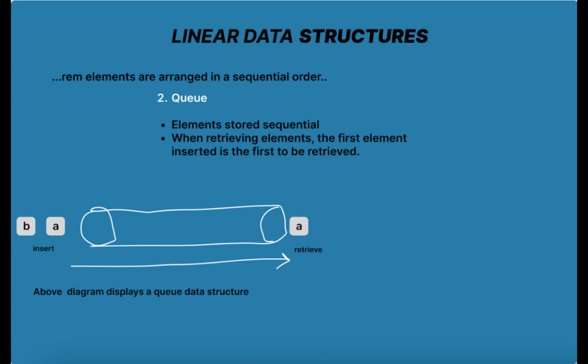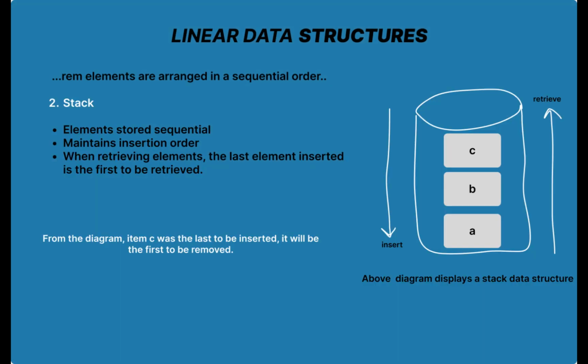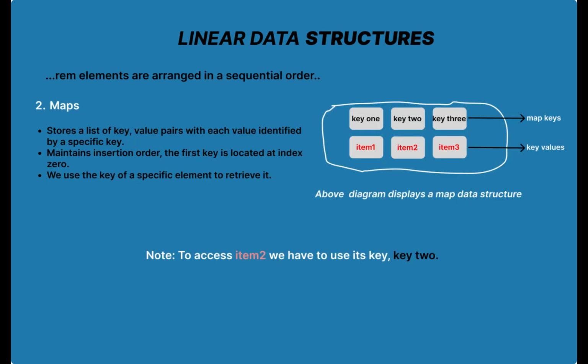Again, if we look at stacks, we have the LIFO sequence, where the last in is the first out. Then in maps, we can see the key-value pairs, and the keys are also arranged from the first to the last.